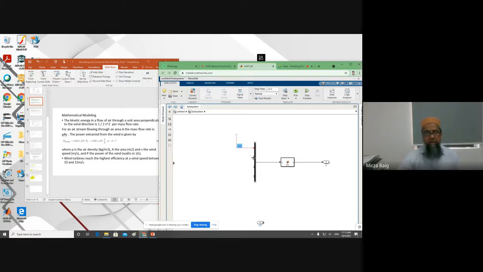And area, so we get velocity, wind speed. You can call it U2. And then we have a constant rho. We can give a constant here.